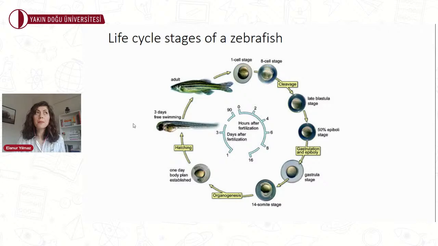Initially, at the beginning of their life, zebrafish larvae rely on their yolk sac, this yellow part, for nourishment. But by 5 to 7 days, their yolk sac is completely absorbed, which means that you need to feed them, or they need to find prey to feed exogenously.